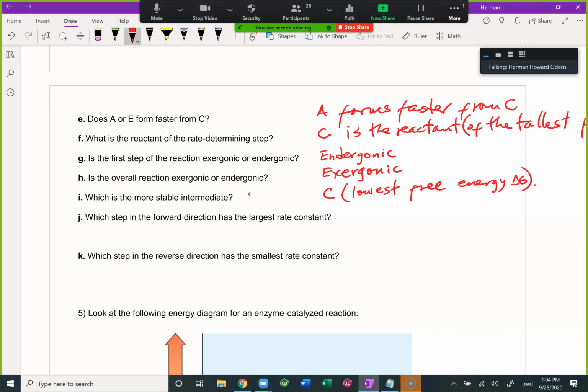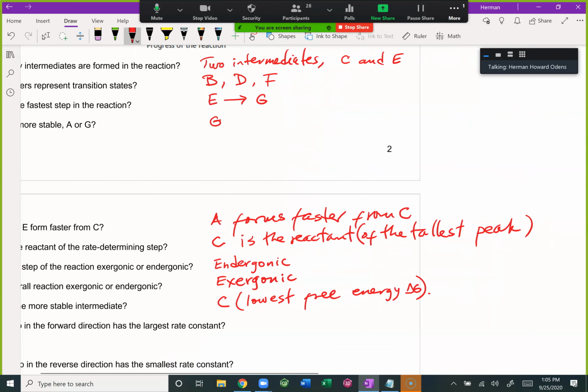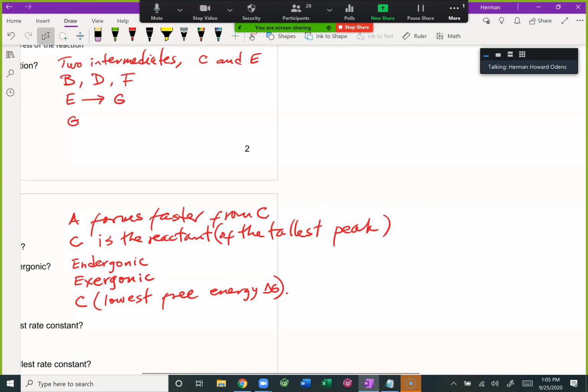Letter J. Which step in the forward direction has the largest rate constant? So this is a hard question, and you have to go back to chapter 2. Remember that I'm going to write this down here. So let's say you have this graph where 0 is very, very slow or no reaction at all, and there's the number 1 here for K. Here's the rate constant, and let's say this number right here is 10,000.